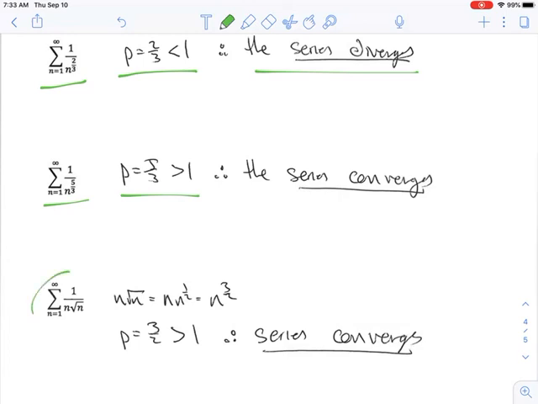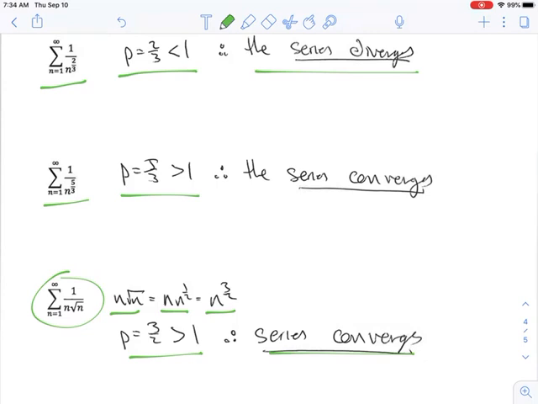And this one takes a little bit of playing around with sometimes. They're not always going to be this straightforward. Sometimes you're going to have to do some algebraic manipulations, like we're doing here. You take n times the square root of n, rewrite that as n times n to the 1/2, multiplying them together, you get n to the 3/2. Well, p is 3/2, which is greater than 1, so therefore the series converges.